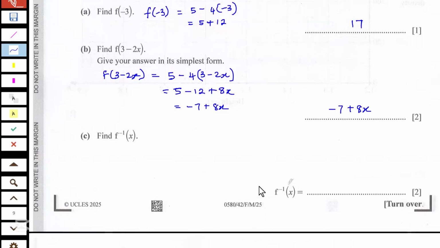Now to find f of x inverse, let y be equal to 5 minus 4x.